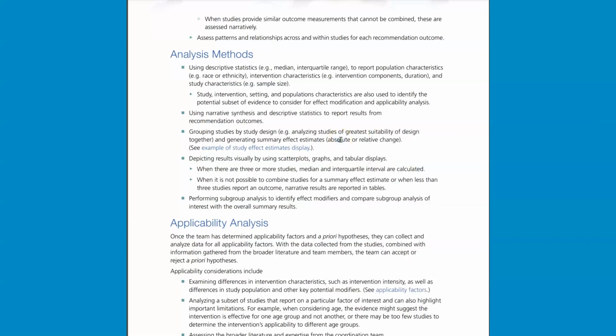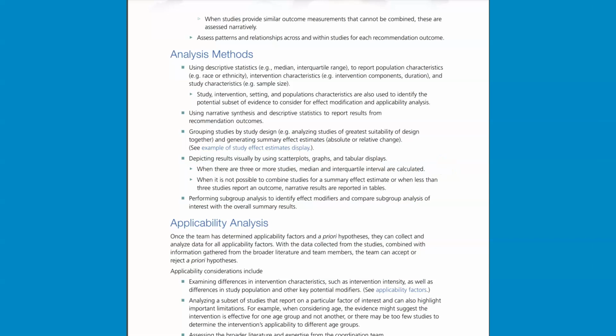This group especially pays close attention to the types of studies and how effective the findings are, what the level of evidence of the findings is, and then depicting these results by scatter plots, graphs, and tabular displays is important.